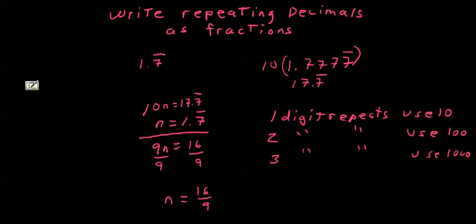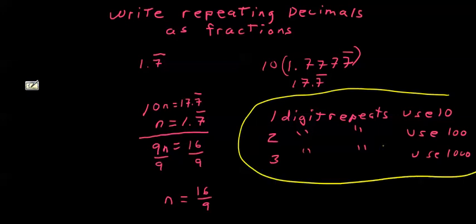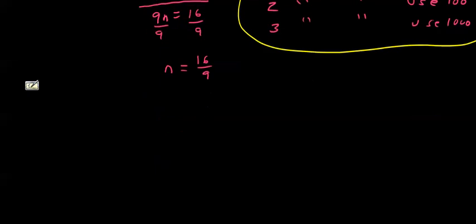So I said, looking at this part, if 2 digits repeat, we'd use 100. So let's look at an example like that, where 2 digits repeat. And we have here a number, 0.345, and the 45 repeats.